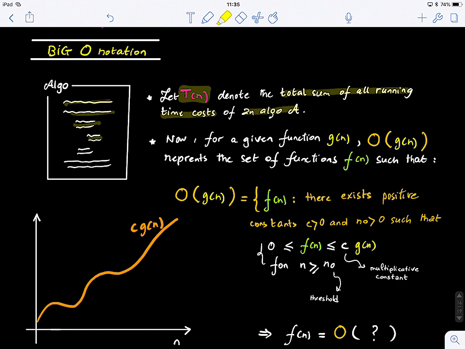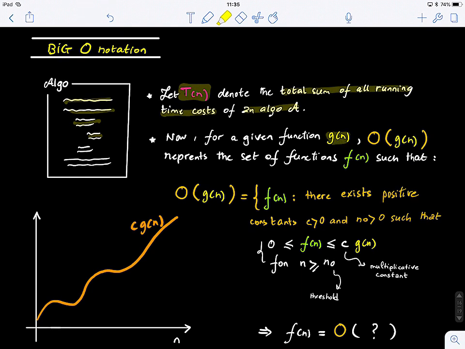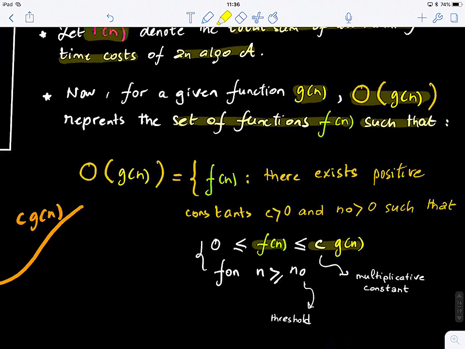Now let's formalize this mathematically. If we have a function g of n, we say that the order of growth of g of n represents the set of functions f of n such that all these functions lie below g of n within a constant c. Okay, so this is the definition.